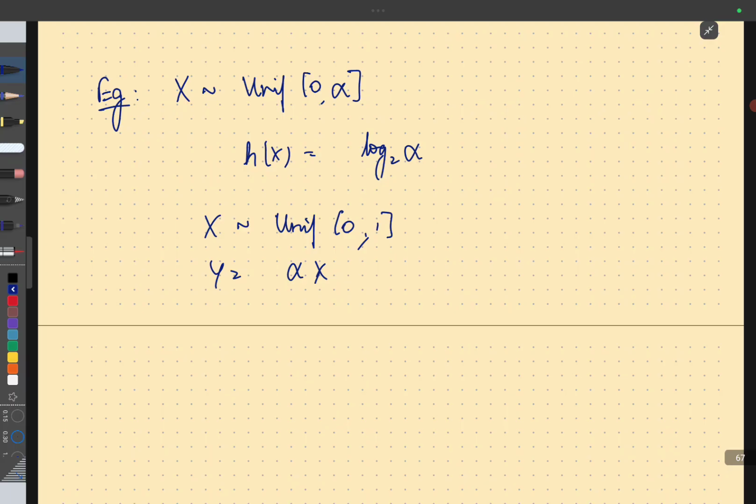In the case of discrete entropy, we know that any invertible mapping does not change the entropy. It doesn't change the amount of randomness that is present in the system. But in this case, the differential entropy of x is 0, but the differential entropy of y is log alpha. In fact, log of mod alpha, because alpha can potentially be negative.